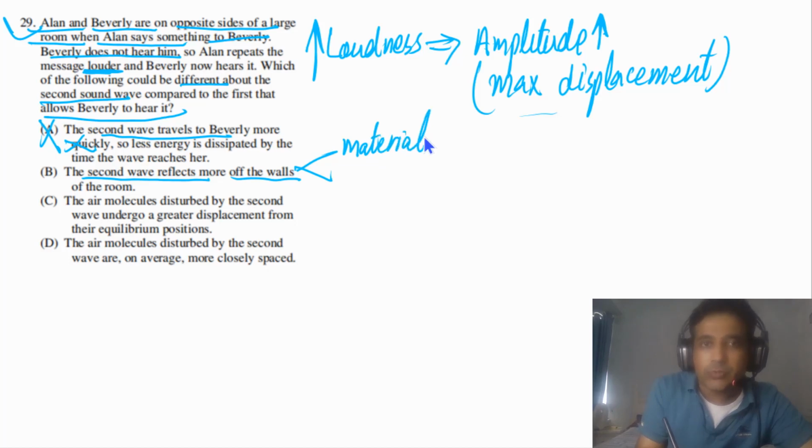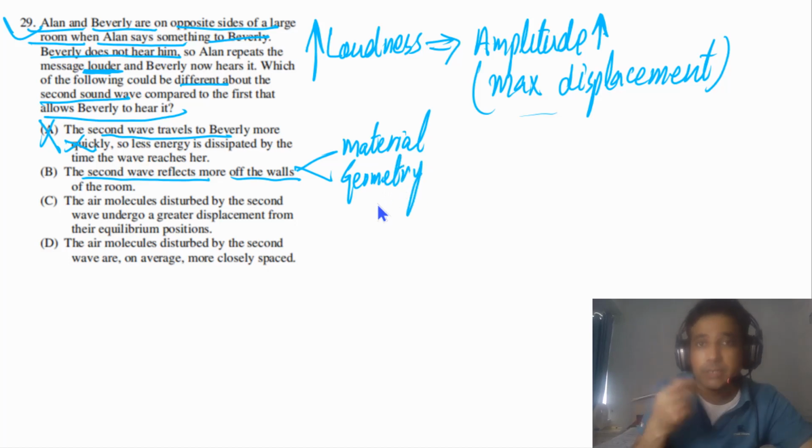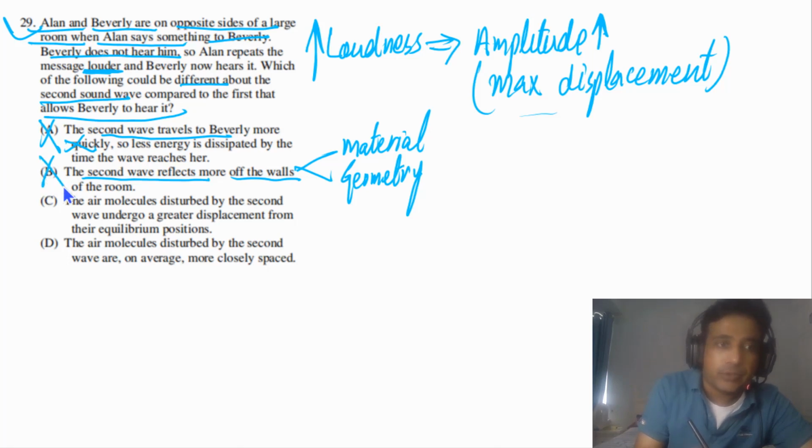Walls material is the same, and geometry of the room is also the same. It means reflection is also the same. So this is also incorrect. The air molecules disturbed by the second wave undergo a greater displacement from the equilibrium, means higher amplitude. So this one is correct.